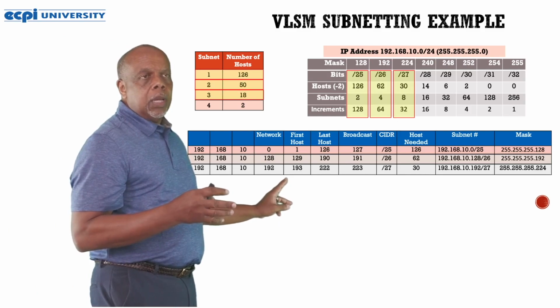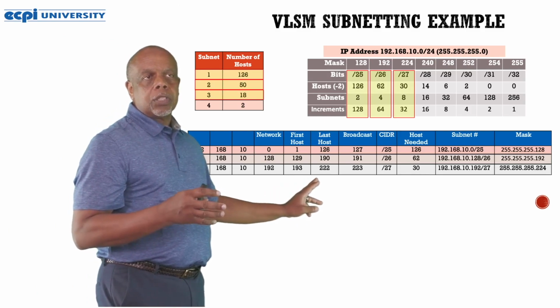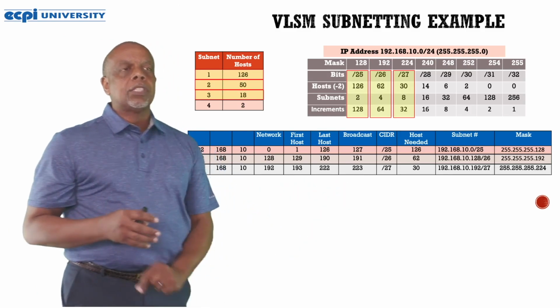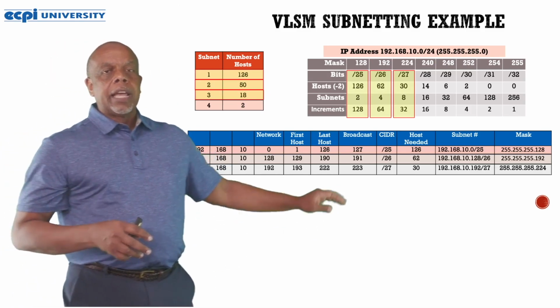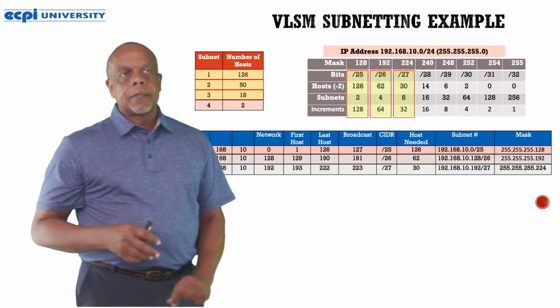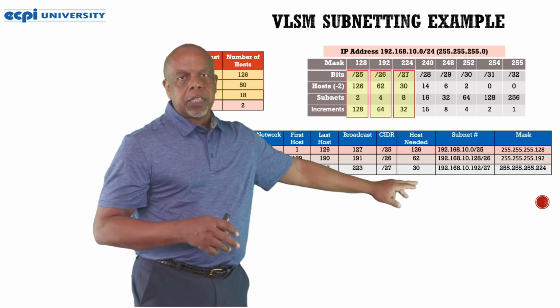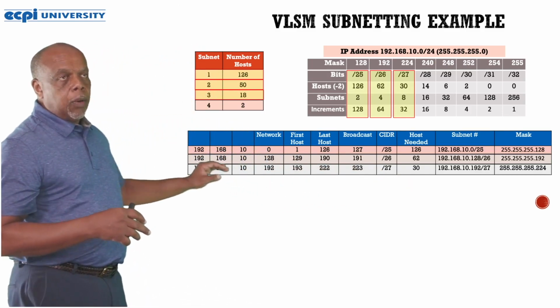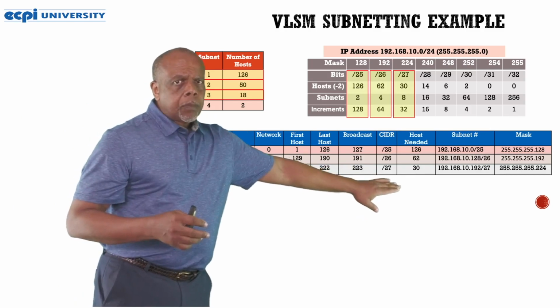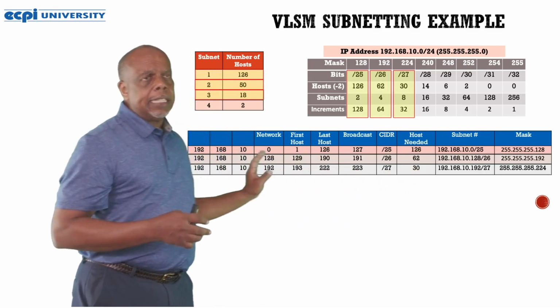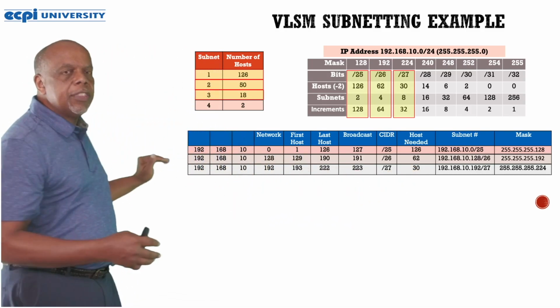The first usable is 193. The last host is going to be 222. The broadcast is 223. CIDR is 27. And that covers the number of hosts. I needed 18, so I've got a total of 30. So I'm covered in this subnet.